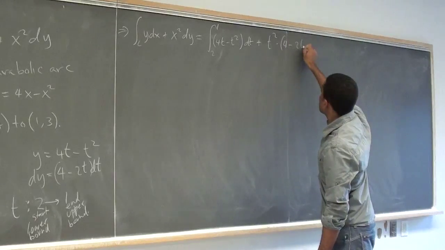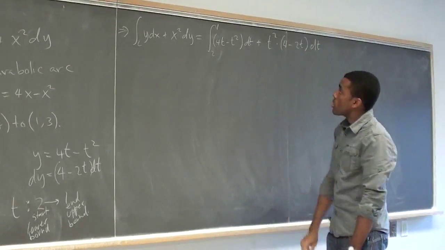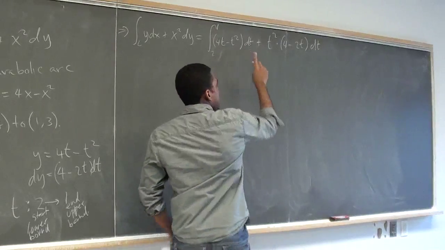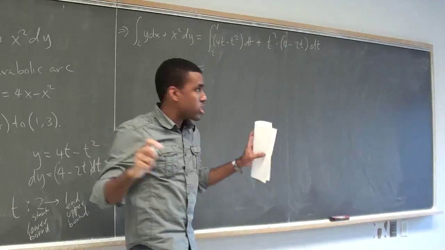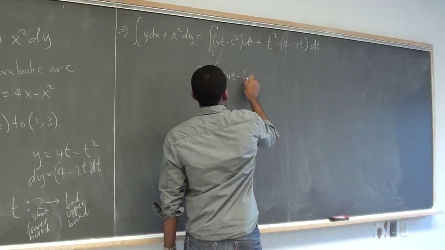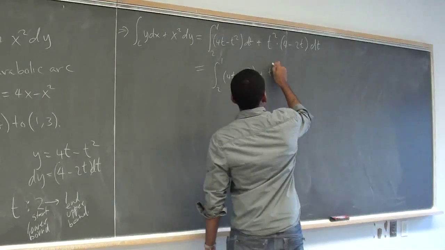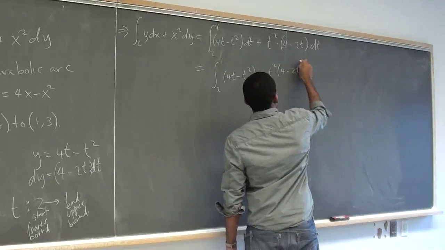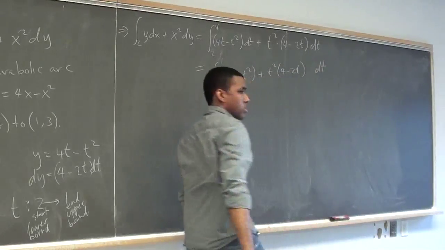4 minus 2t, right? Now the dt you can sort of think of as a common term. You can factor that out at the end. So this is really the integral from 2 to 1 of 4t minus t squared plus t squared times 4 minus 2t dt, right? It's just a dt integral.